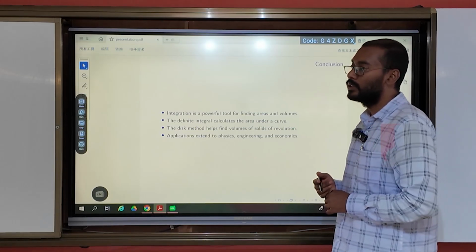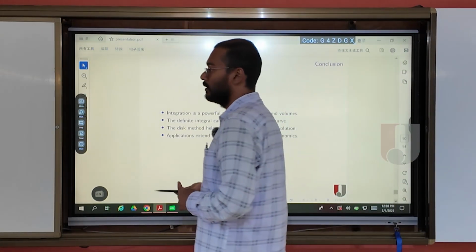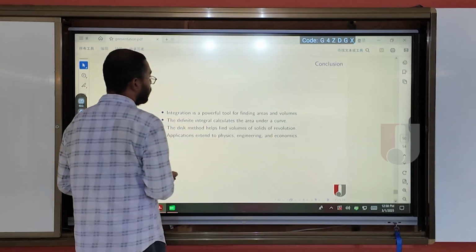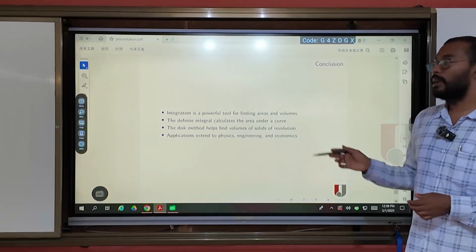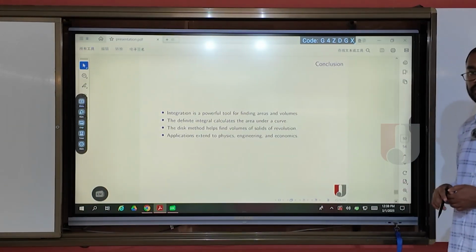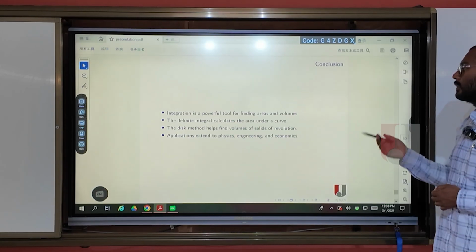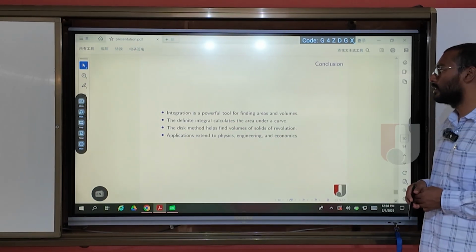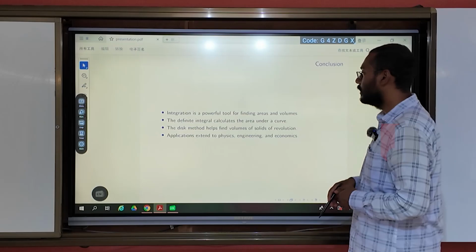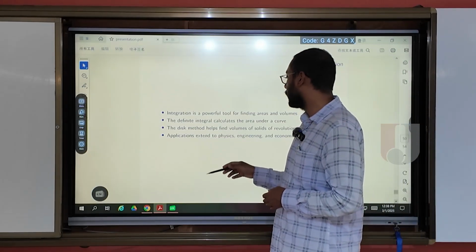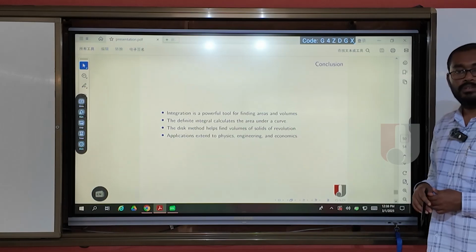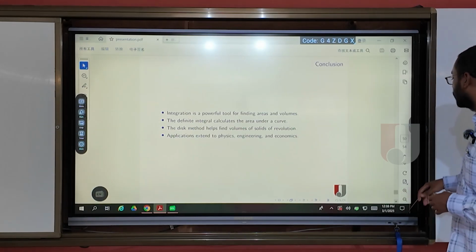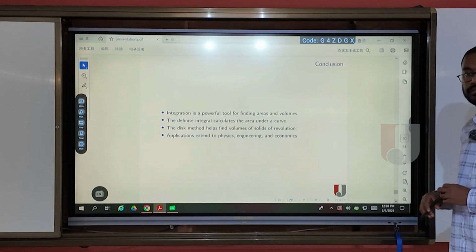Decay problems in chemistry can also be solved by integration. There are lots of applications of integration, and this method can also be used to find the volume of solids of revolution. So that is the entire thing of today's class.